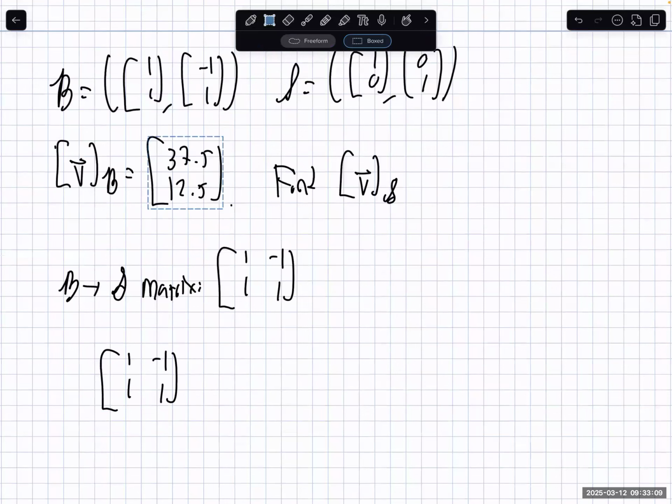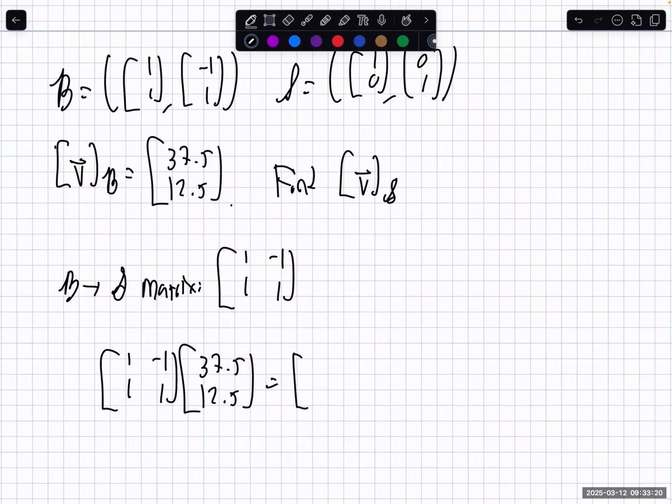Take this, apply it to this input, and that gives us the 50.